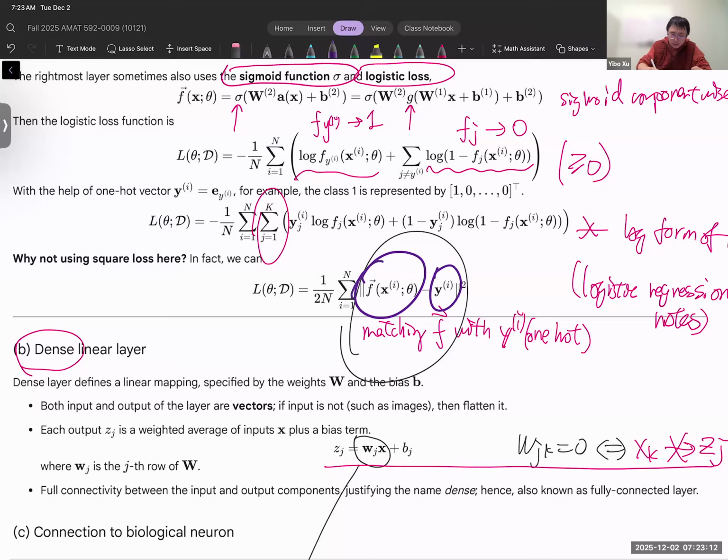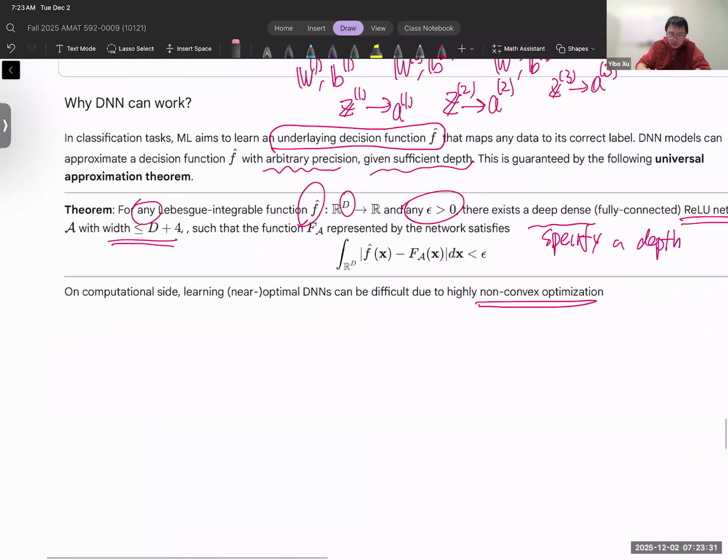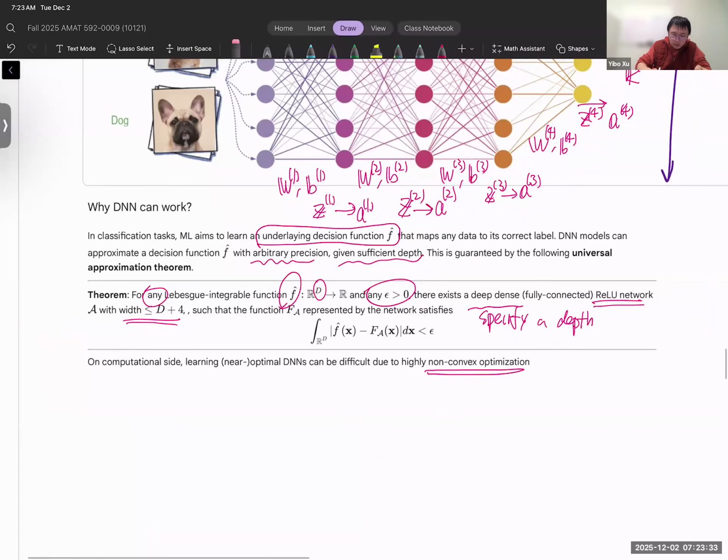You try to build an f bar to approximate f hat. It's always doable, but the optimization problem is non-convex. That's unfortunate. So usually what you do is you do SGD and try to look for a local minimum.